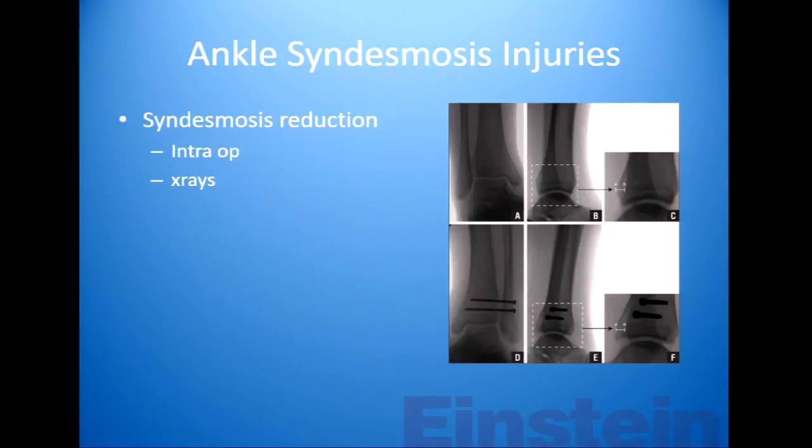So with assessment of your reduction intraoperatively, you want to be careful about several things. You really need to see a good AP, good mortise with things lined up, and then also really critically an excellent lateral. You need to get the talar dome on focus. You need to see both the medial and lateral cortex of the talar dome superimposed and that great joint line view.